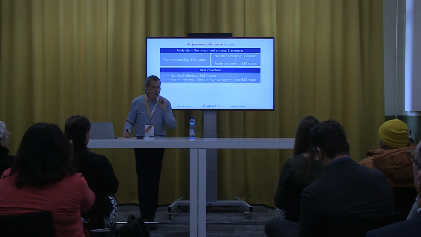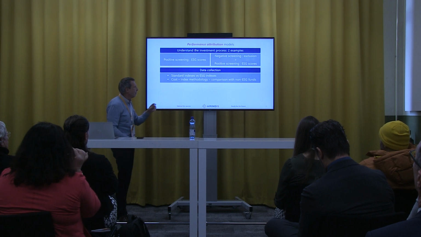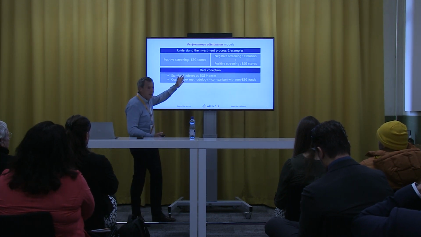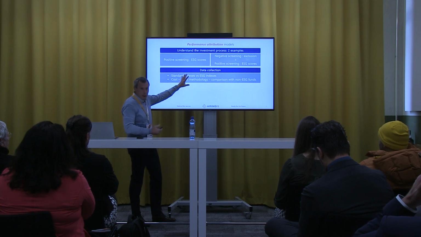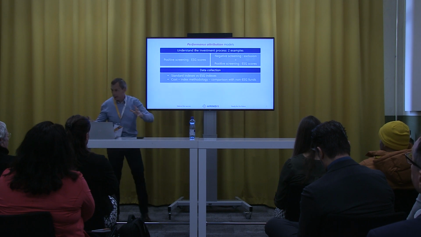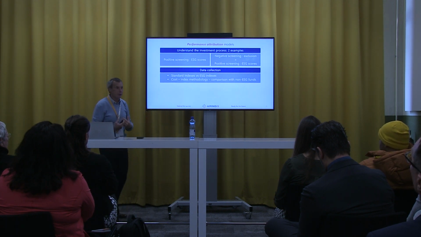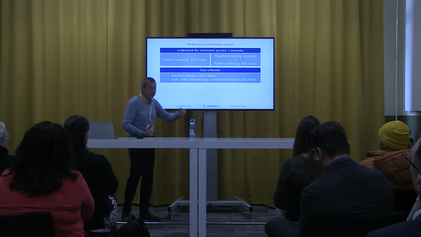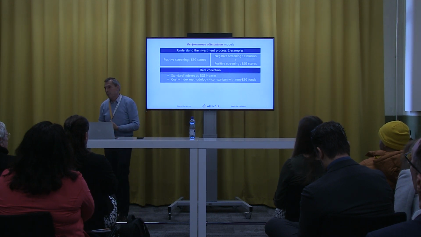Data quality is key before we start. So we need data. We need an index. I really believe that we should take a regular index and then adjust for ESG into the regular index.